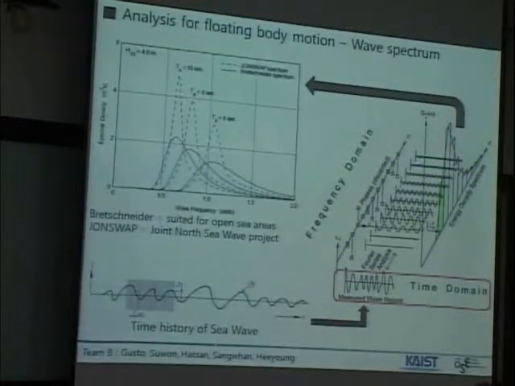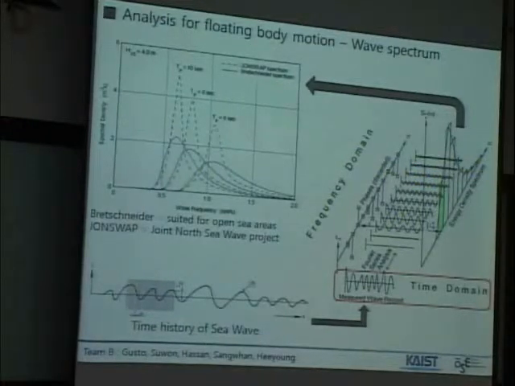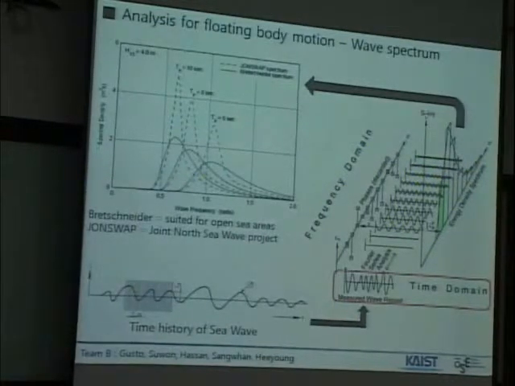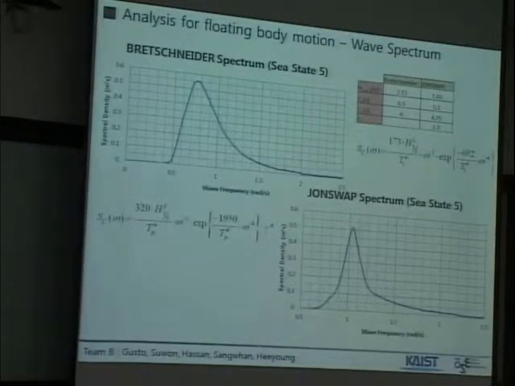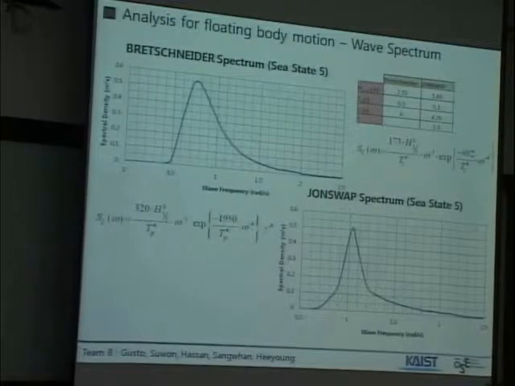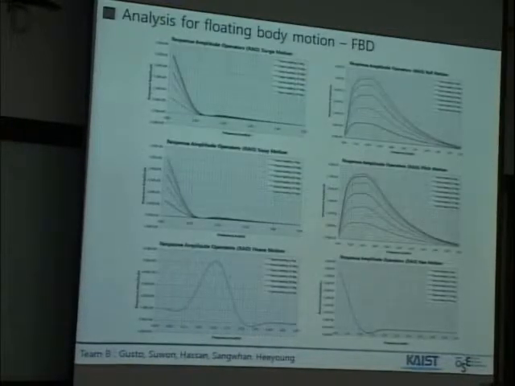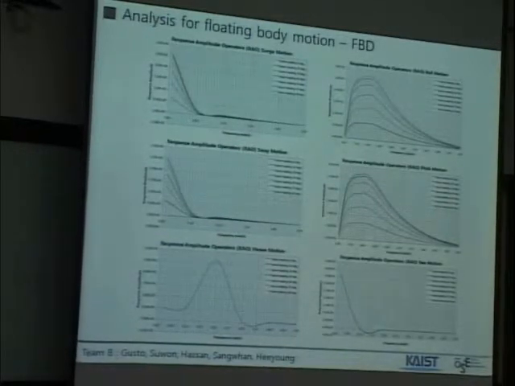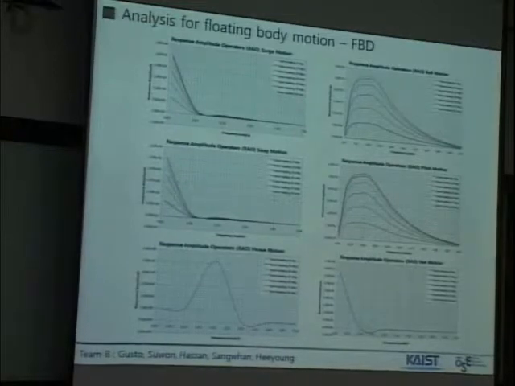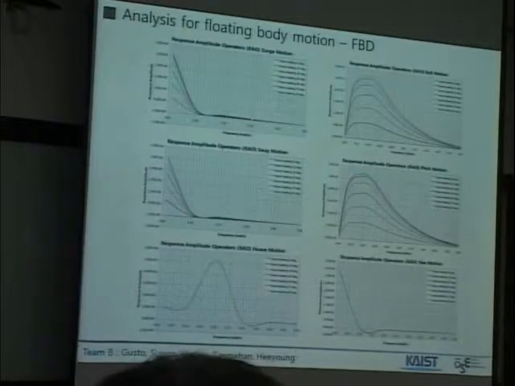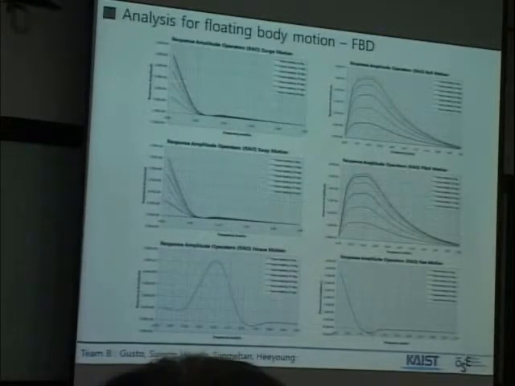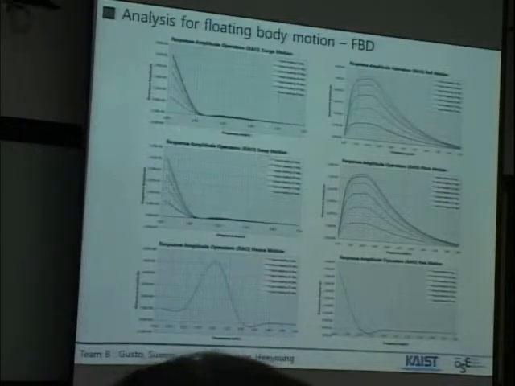And the time history for sea state 5 can be converted to the frequency domain by the Fourier transformation. And there are 2 kinds of wave spectrum for sea state 5. And we can calculate the forces and moment and also the RAO value. So you can see the RAO value increases as the wave heading increases and at the lower frequency level.